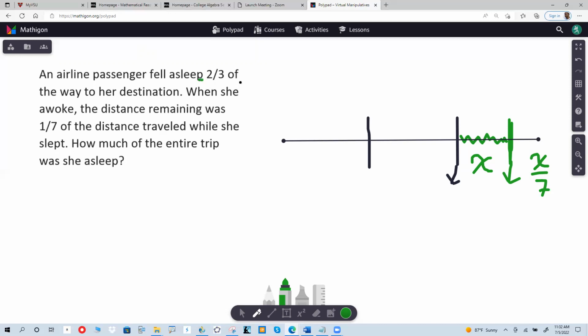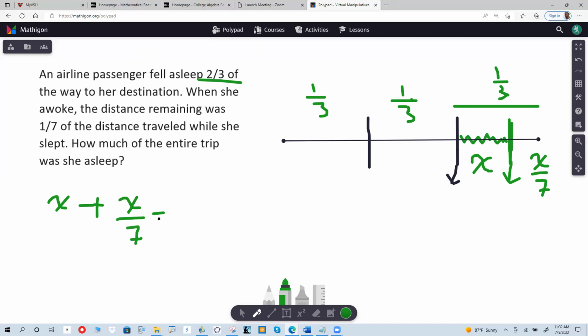From the first part, we know this is 1/3, this is 1/3, and this whole thing is 1/3. Now I can set up an equation as follows: X plus X over 7 is 1/3. And I have to solve for X.